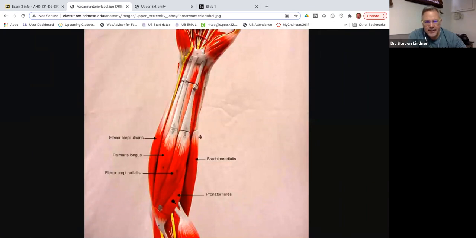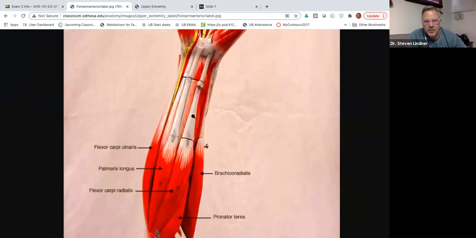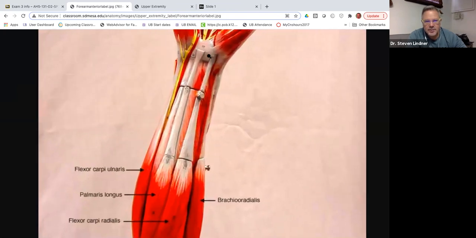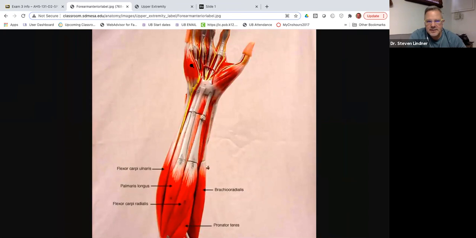You could see the Pronator Teres, Flexor Carpi Radialis, Flexor Carpi Ulnaris, and right down the center of the palm, Palmaris Longus. That's the one that's superficial to the Flexor Retinaculum, whereas the Flexor Carpi Radialis and Flexor Carpi Ulnaris are deep to the Flexor Retinaculum. Here are the thenar pad muscles and the hypothenar pad muscles.